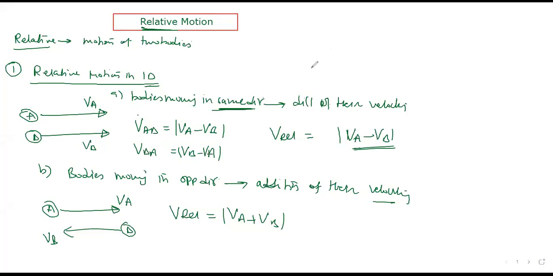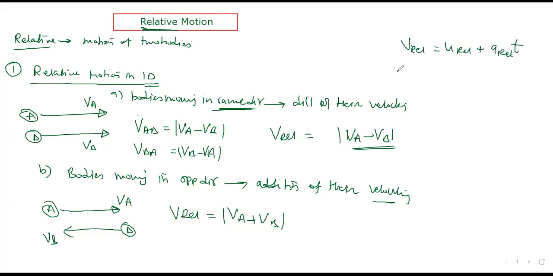Before the question, the equations of motion we wrote can also be written in relative motion. The equations we wrote generally for one dimension can be written in terms of relative motion also. The first equation, V is equal to U plus AT, becomes V relative is equal to U relative plus A relative into time.